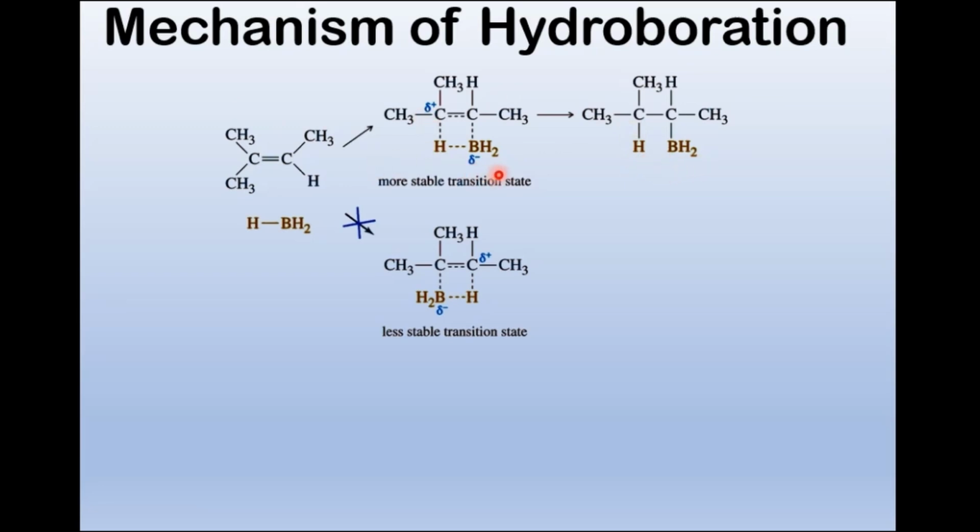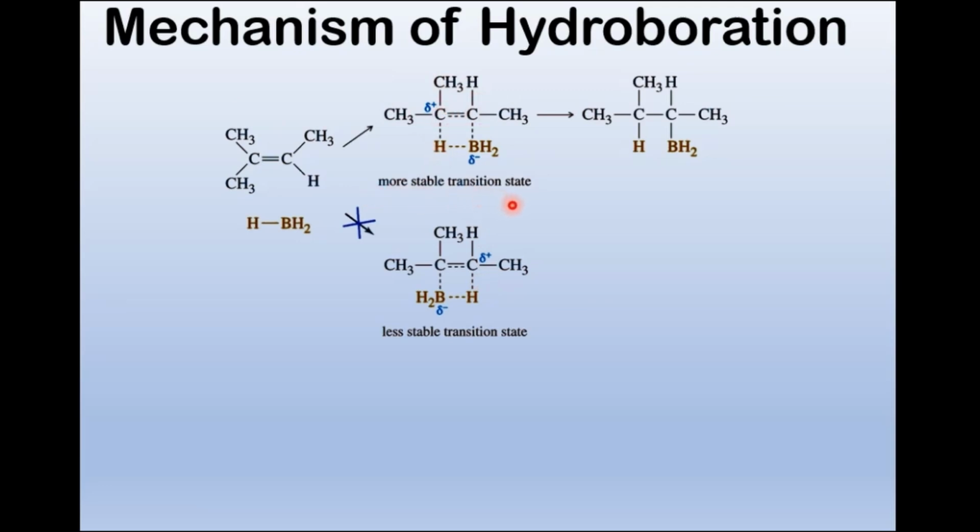This thing adds the way it does. And so in the transition state, there's a positive charge on carbon. And since alkyl groups are electron donating by induction, this is more stable than this one here. This only has, maybe we can call 2 alkyl groups stabilizing this positive charge, where this one has 1, 2, and 3.